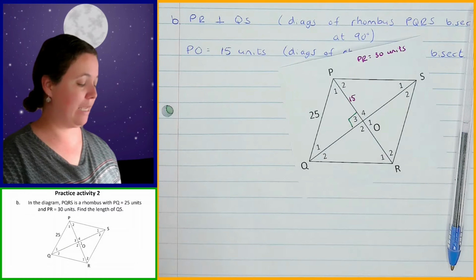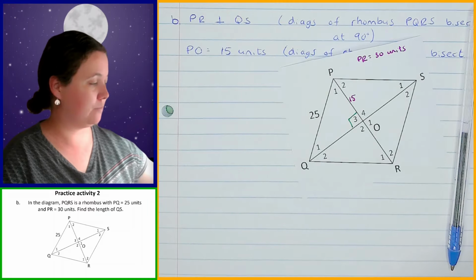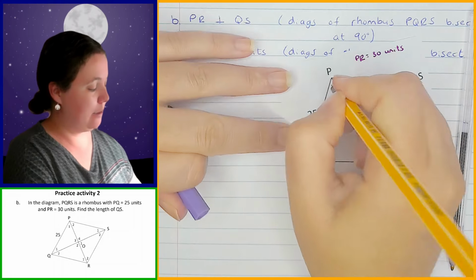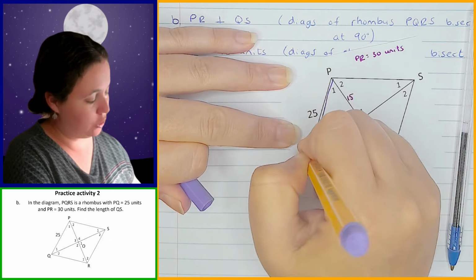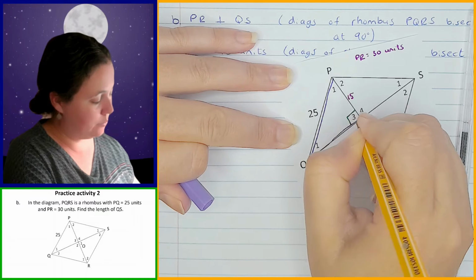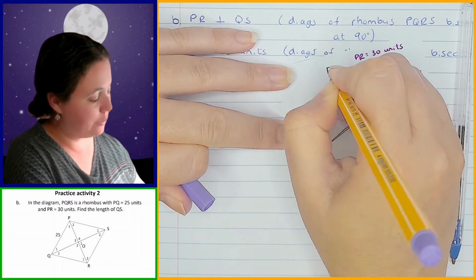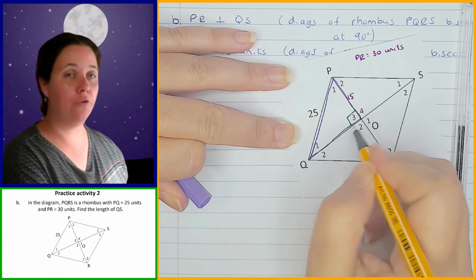Now I can work in this triangle over here, the triangle PQO, using the Pythagorean theorem to work out the length of QO.